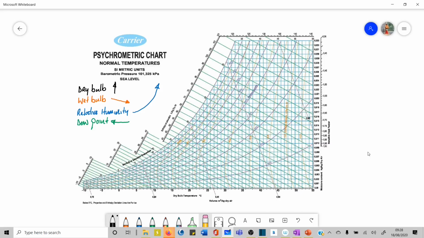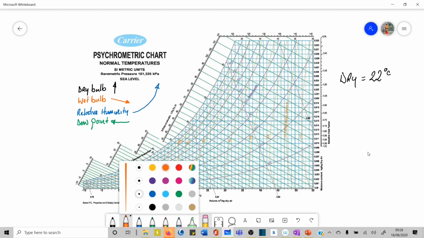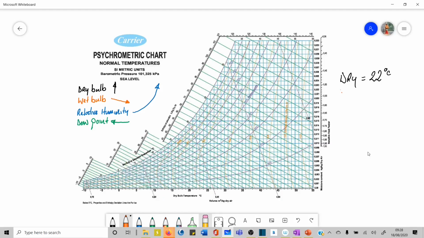So we said that the dry bulb was 22 degrees, and the wet bulb was equal to 12 degrees, and my guess equals 52% based on the sponge scenario. So the first thing we do, we're going to do the dry bulb.